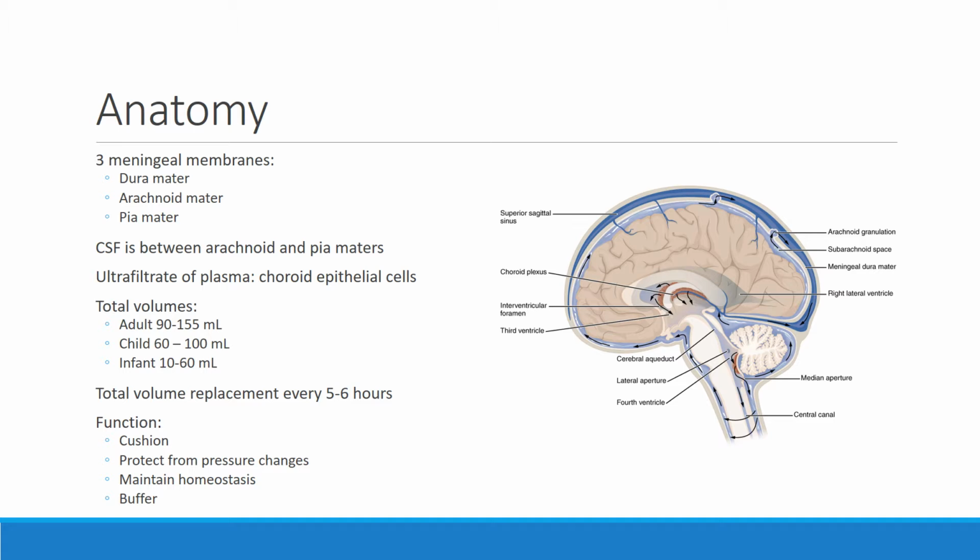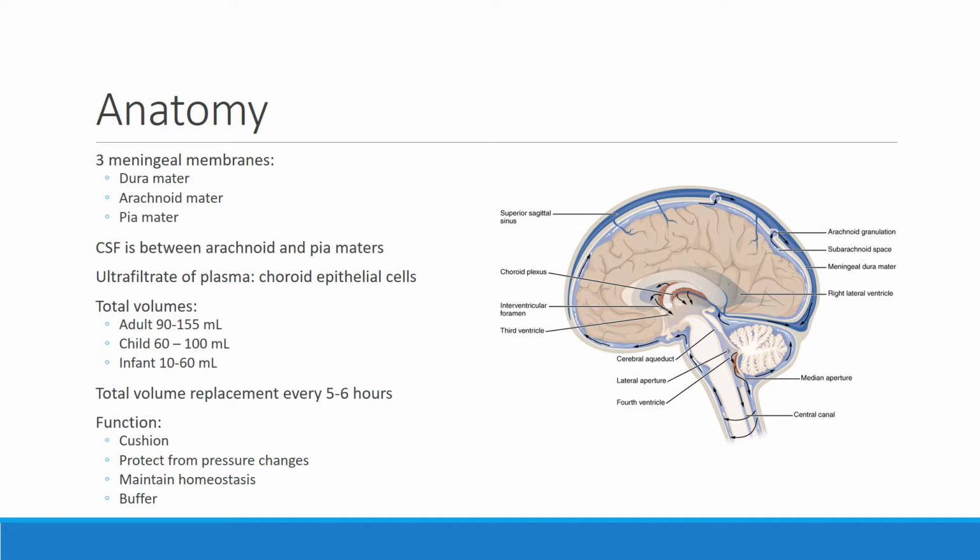Okay. Major function, anybody who's ever been hit in the head knows that the major function is to cushion the CNS. You get hit in the head, you don't want your brain to smash up against the opposite side of your skull. It also, though, does help to prevent against changes in pressure. When you have this nice tender tissue encased in bone, any inflammation, any changes in pressure can be significantly damaging to that tissue.